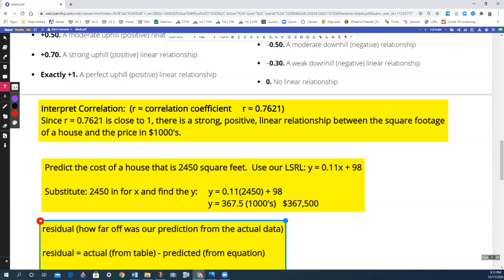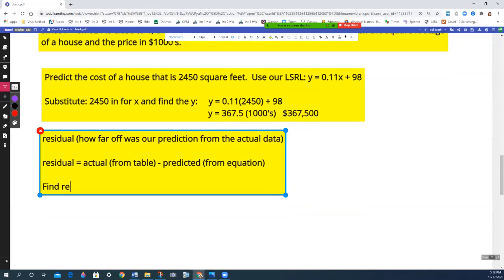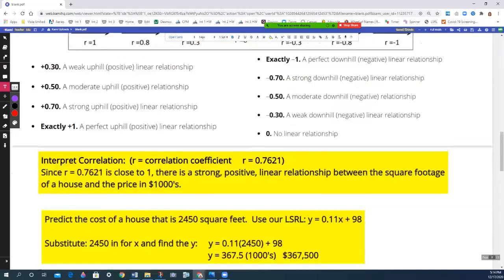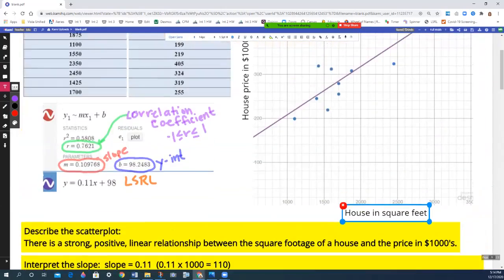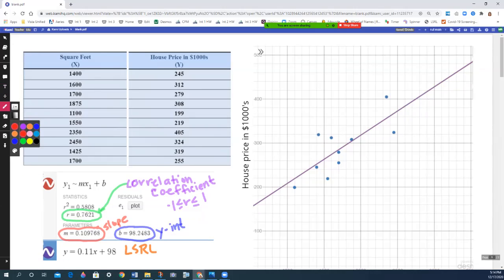So if I want to find the residual for a house that is 2,450 square feet. Okay, we've already found our predicted using our equation. And now we need to figure out what our actual is. Okay, so if I look up at our table, I see that our actual is going to be right here.